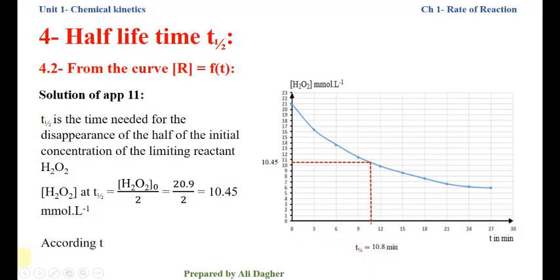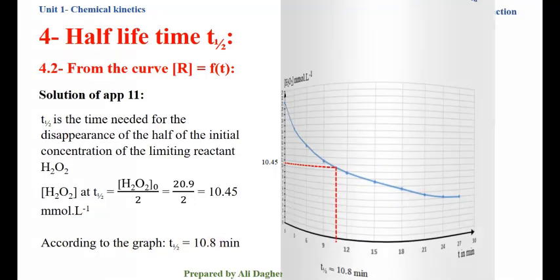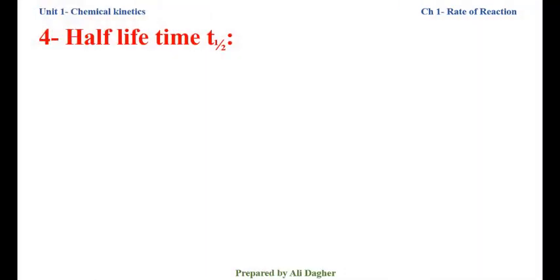Now we write, according to the graph, T1/2 equals 10.8 minutes. This is how we can determine the half-life time graphically from the curve representing the variation of concentration of reactant with time. Now, part 3 of part 4, 4.3, comparing T1/2 with T infinity.